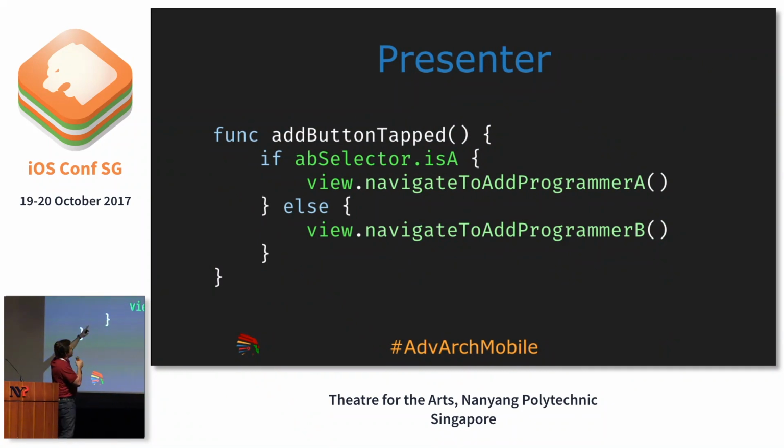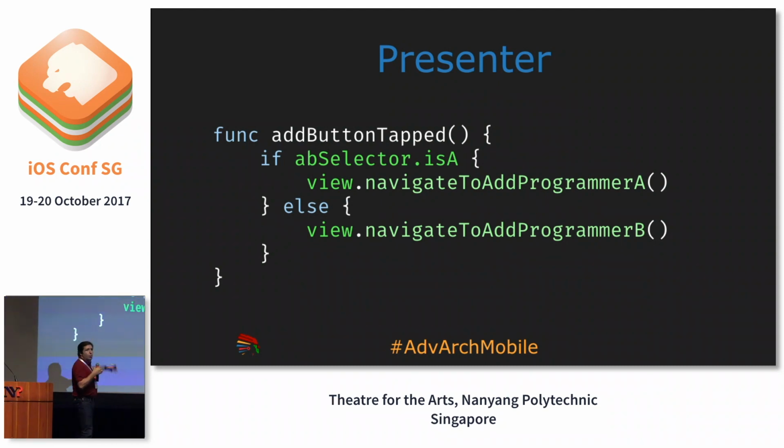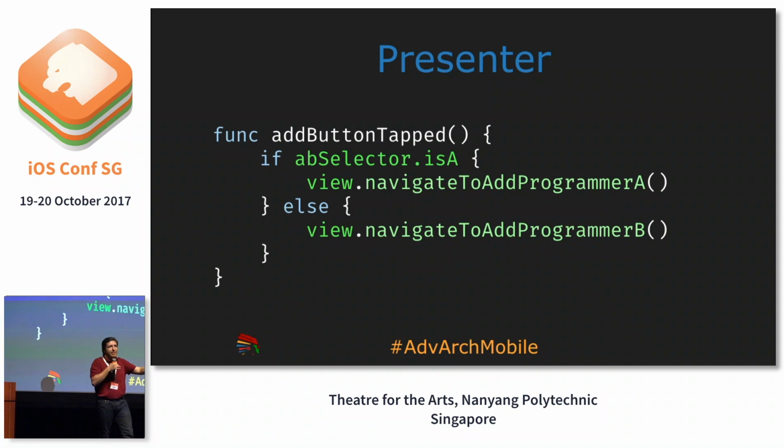So we can inject an object that will take care of the decision of whether it should go to option A or option B of a navigation controller. And when we receive that event, when we are providing the semantics to that event, we will decide to go with one or the other. Very simple.